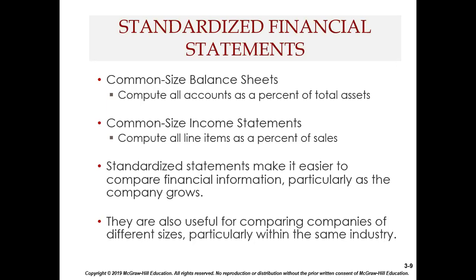So run through that exercise of seeing where those percentages are coming from. So what it's saying is accounts payable is 9.2% of all assets, or it's 9.2% of all liabilities and equity.